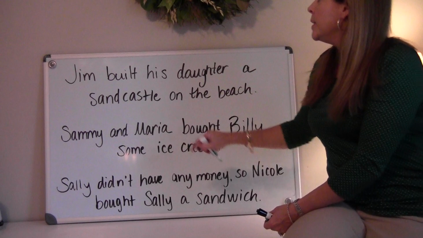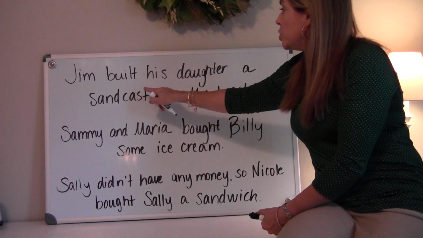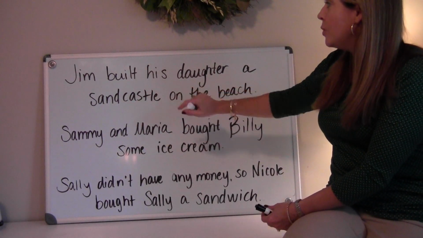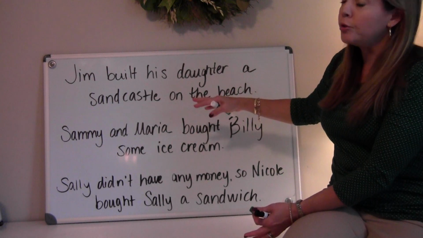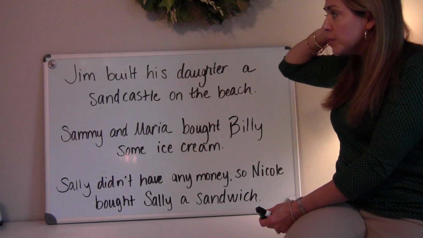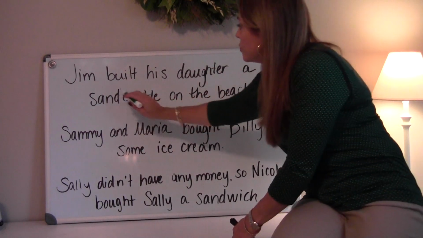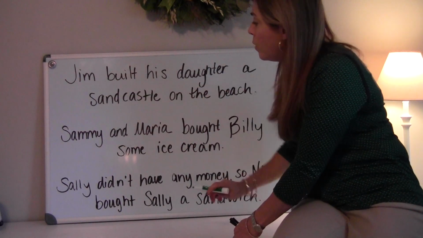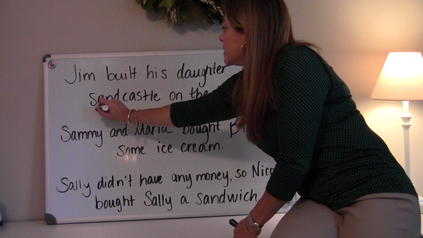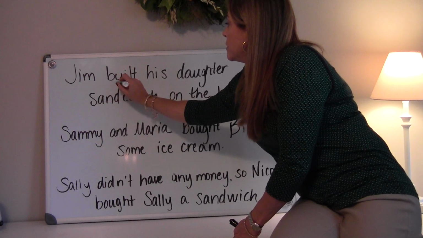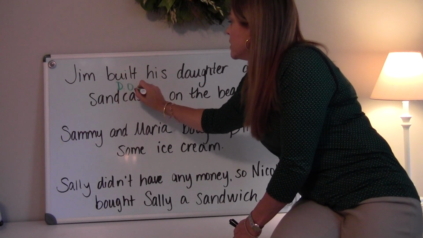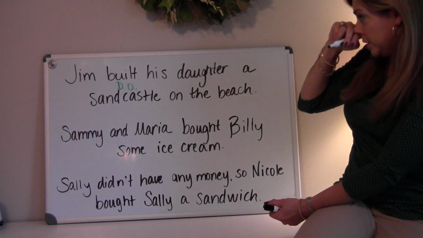And I say, Jim built what? Or Jim built who? For this sentence, I know it's going to be Jim built what? And the answer is sandcastle. So sandcastle is my direct object.